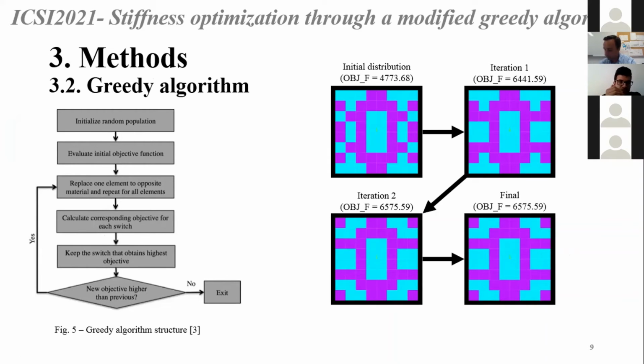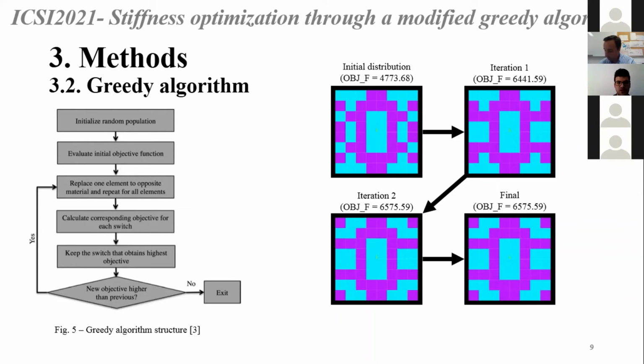From this initial configuration, the objective function is evaluated, in order to decide the best solution for the next step. One element at a time is then replaced by the opposite material. For instance, if the element at hand is a soft material, such as the case in the first picture here, it will be switched to a stiff material.